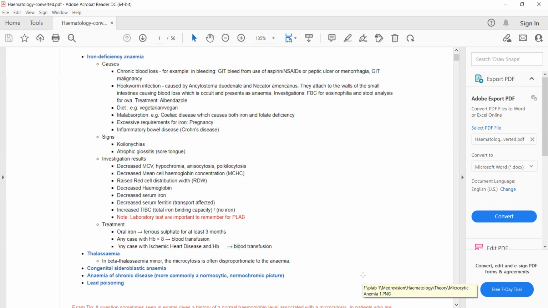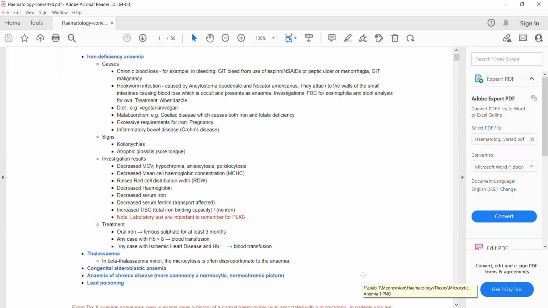Now, the second important cause is malabsorption, such as decreased absorption of iron in the GIT due to diseases such as celiac disease. Celiac disease is a common example of malabsorption in which there is decreased absorption of iron as well as folic acid and vitamin B12 as well. So celiac disease can also lead to iron deficiency anemia.